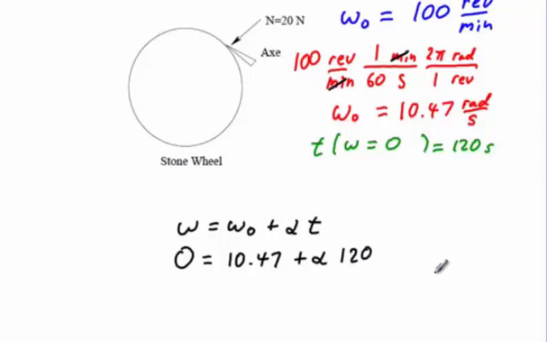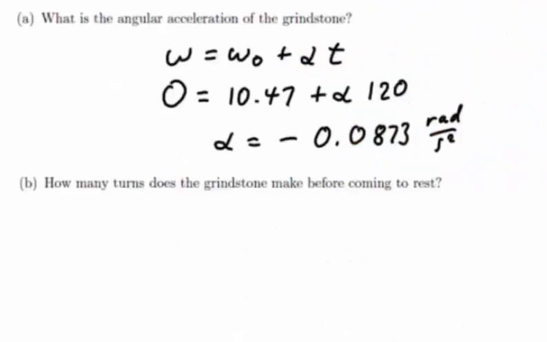The only unknown in this equation is alpha, and alpha turns out to be 0.0873 radians per second squared. We've been led to this result simply by following the well-formed information that the time of omega equals 0 is 120 seconds. However, we've been rewarded since this is indeed the answer to part A.